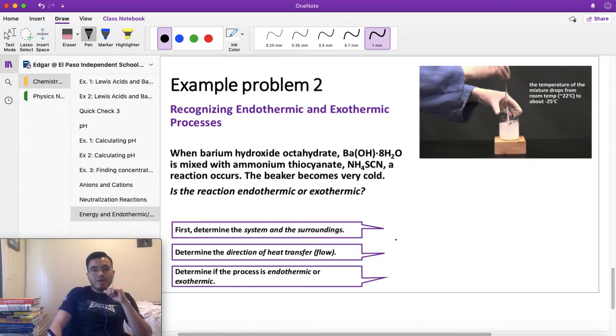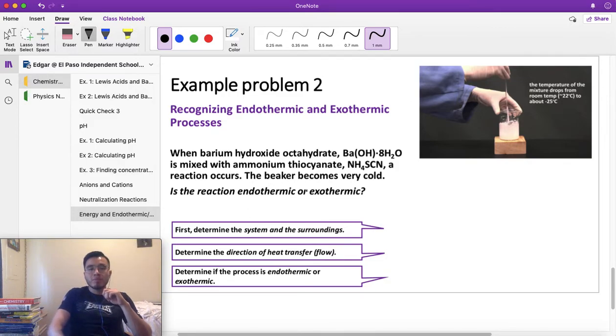Example 2. When barium hydroxide octahydrate, there's the formula, is mixed with, sorry if I mispronounced this, ammonium thiocyanate, and there's the formula, a reaction occurs. The beaker becomes very cold. Is the reaction endothermic or exothermic? Where's the clue?